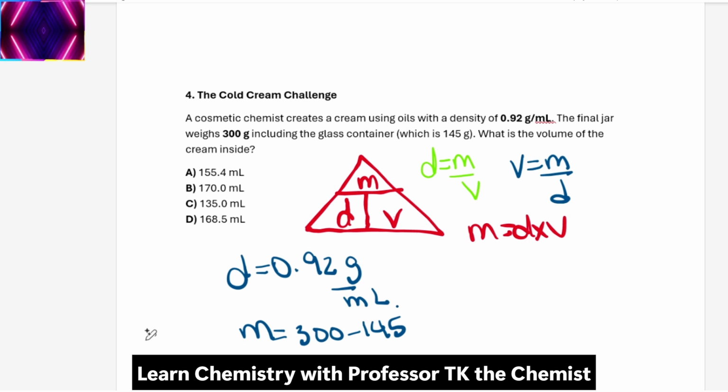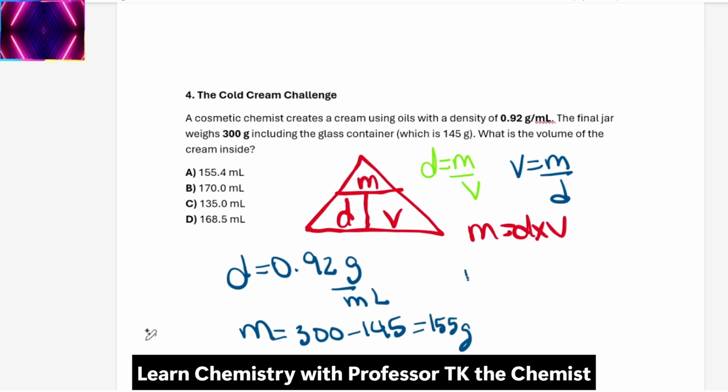Because you want to get the mass of the cream. So that's 300 minus 145, and we get 155 grams.